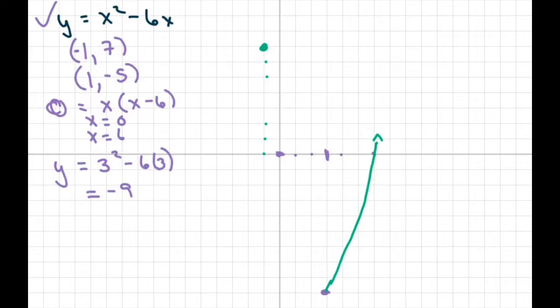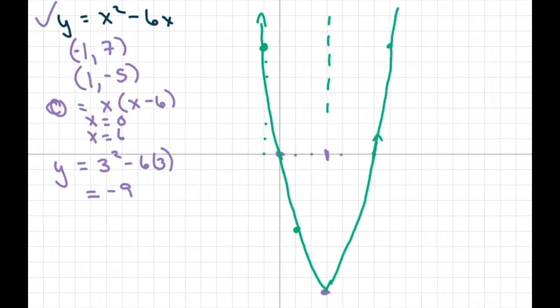And 1 is at -5. 1, 2, 3, 4, 5. I just want to go through these points here to make my graph a little better. So here we go. Goes through there. It goes up through here. If I go up in here, 1, 2, 3, 4. So I can extend this as well. All right, this is as good as I'm going to get.